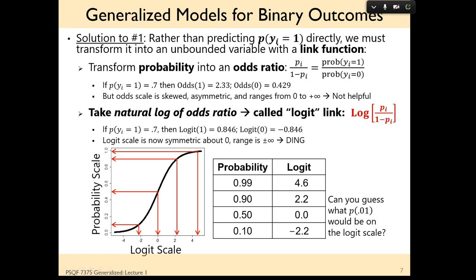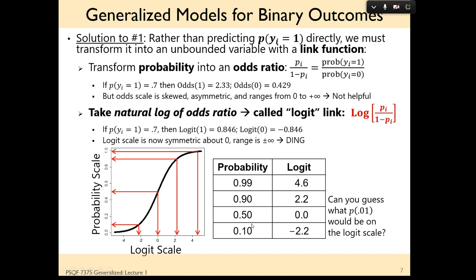So the mapping of the probability scale to the logit scale is shown here, where 0 for logits corresponds to a probability of 0.5. If you go up to a probability of 0.9, that corresponds to a logit of 2.2.